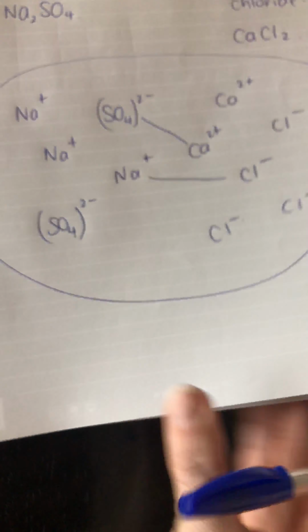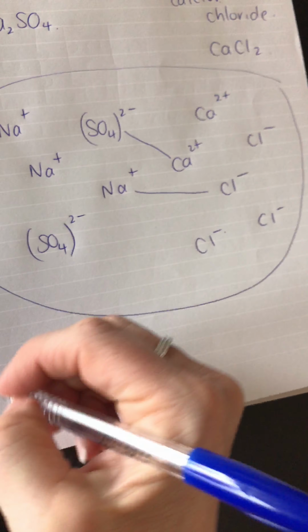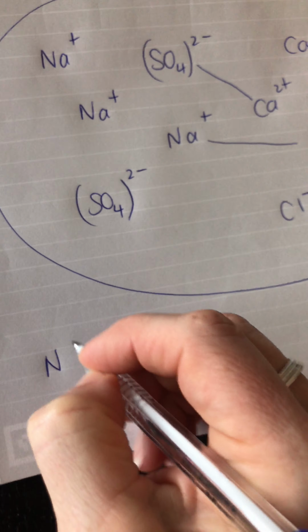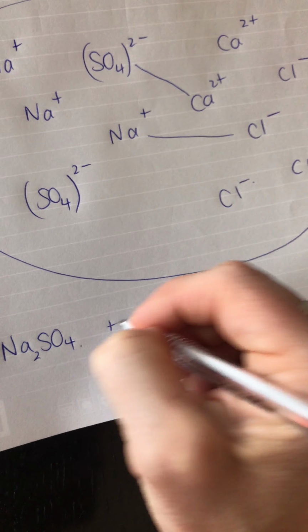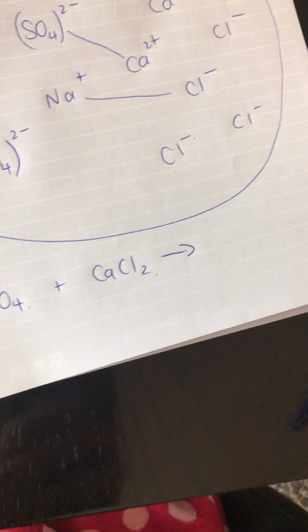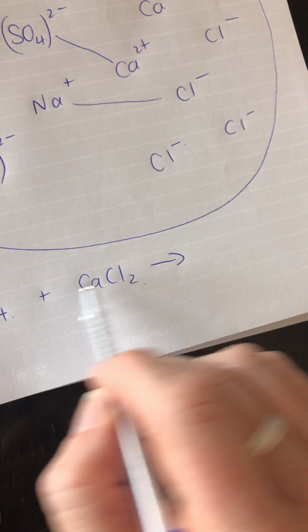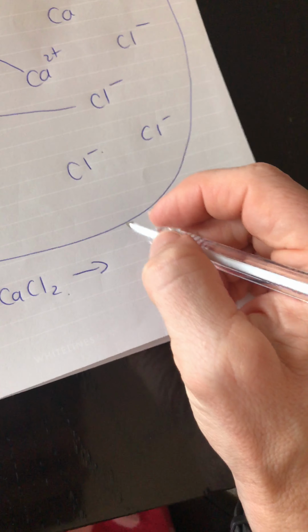So as a result of a precipitate reaction, we take the two original chemicals. So we had sodium sulfate and we had calcium chloride. Arrow to show that we are moving into a reaction and creating some new products.